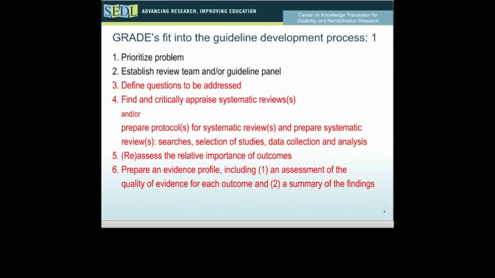Step 4, find and critically appraise systematic reviews as they exist, or prepare protocols for systematic reviews, and then do those systematic reviews. Do the searches, select the studies, collect the data, analyze the data. Step 5, assess or maybe reassess, because you might have done it in step 3, the relative importance of the outcomes.